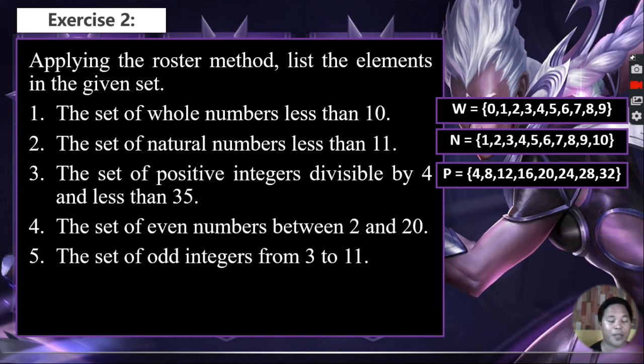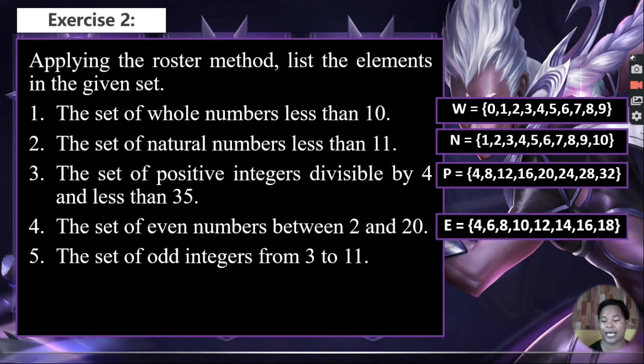And we have number 4, the set of even numbers between 2 and 20. So what are those even numbers between 2 and 20? Can you list it po? So this is the answer. We have 4, 6, 8, 10, 12, 14, 16, and 18.